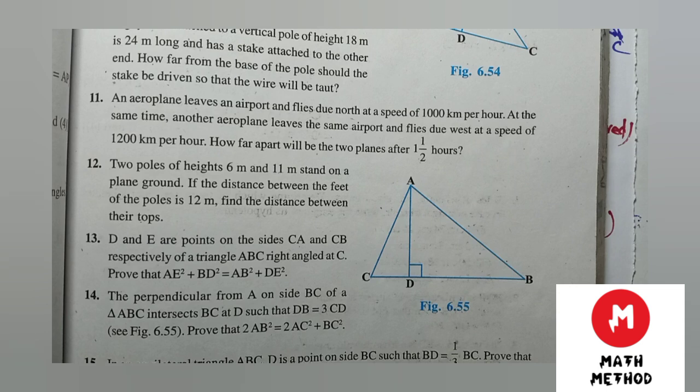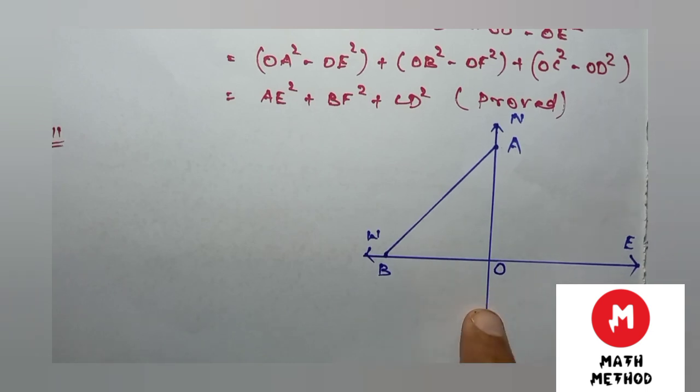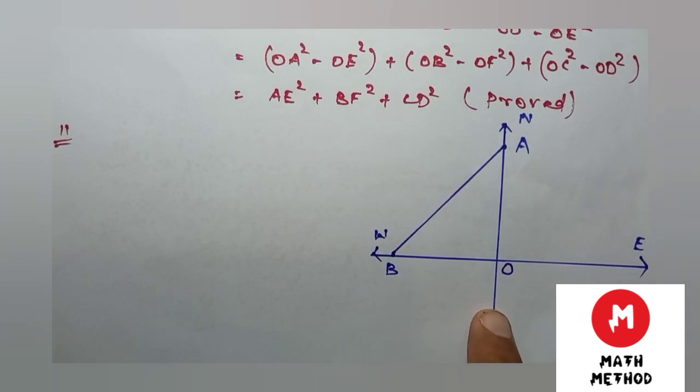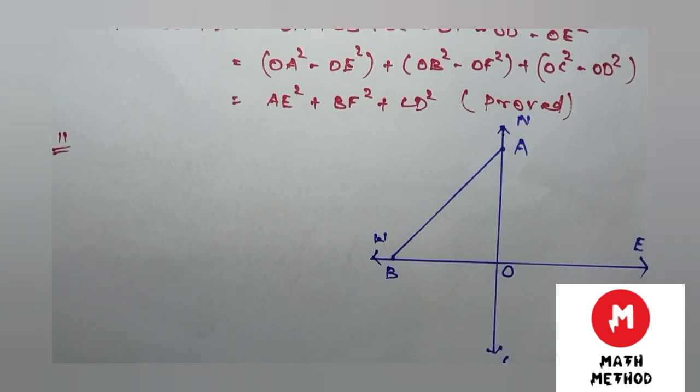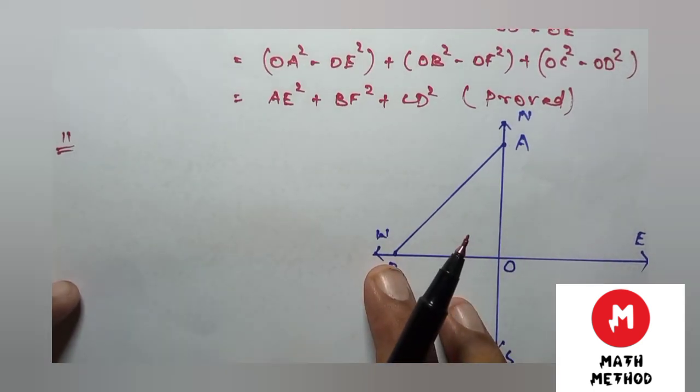We will find it out by applying speed, distance and time. So we will make the figure as a right angle triangle. So I will draw this. Here is my figure for question number 11. Now we will find out the distance between two planes.